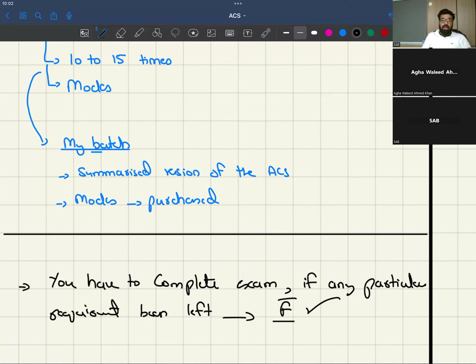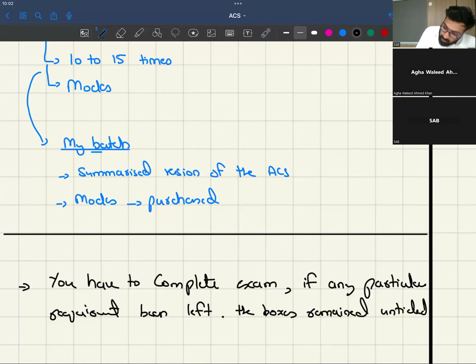If any particular requirement is left, then there's a lot of chance that a student is not going to pass. The reason is the boxes remain unticked.